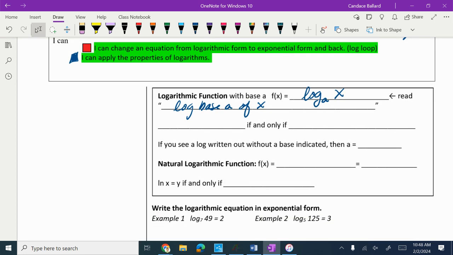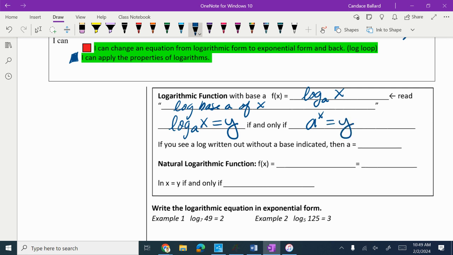Okay. So if we have log base a of x equal to y, we are allowed to take that log equation and convert it into what we call an exponential equation. So it's equivalent to a to the x equals y.